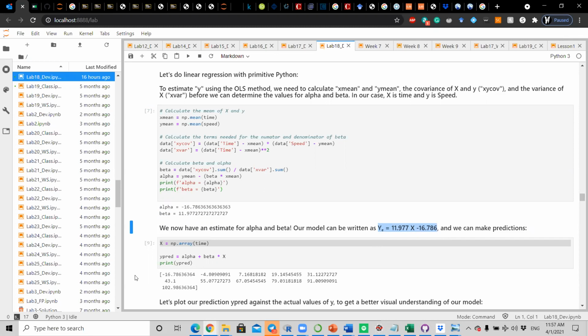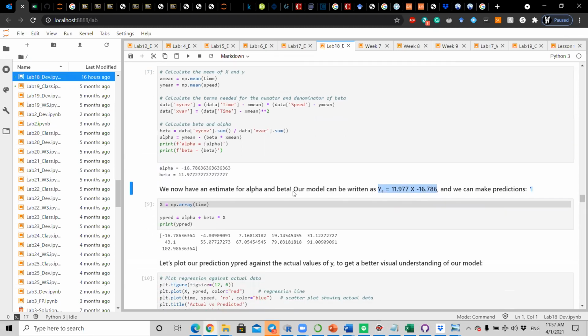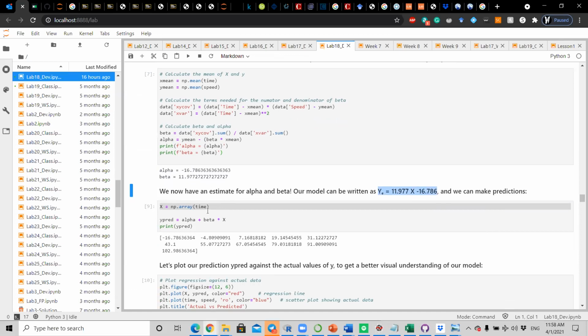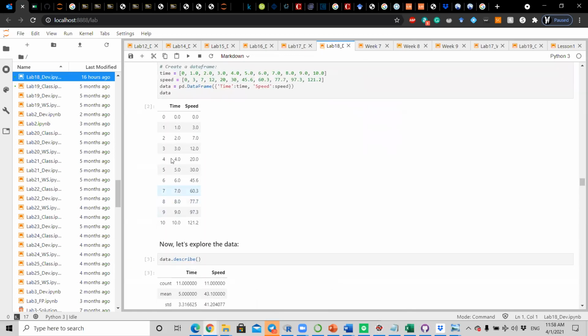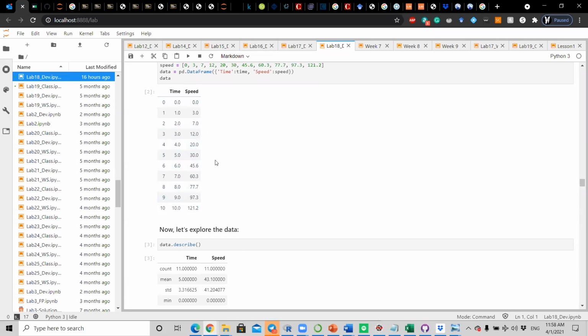This is our linear model, and we can use it to predict speed based on time. Now, we can make predictions. Do you remember the time values that we had in this table? Let's feed these to our linear model and see what numbers we will get.